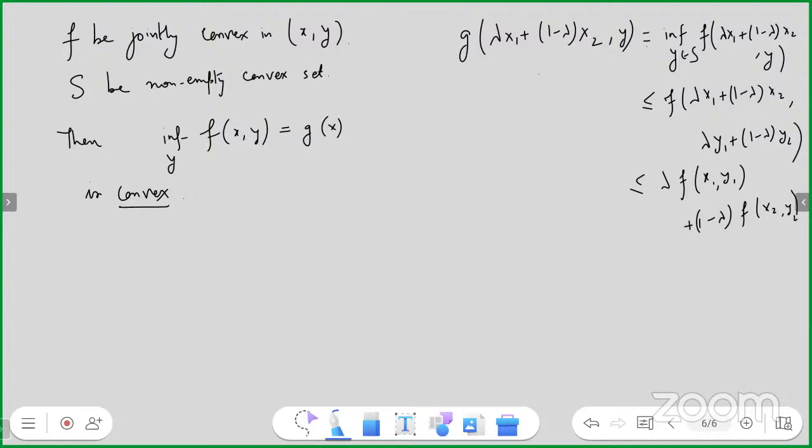What is the optimal value? g of x1. So for a fixed x1, if I wanted to come close to g of x1, can I make a choice of y1 and come close to g of x1?